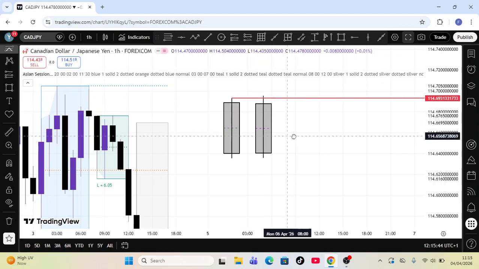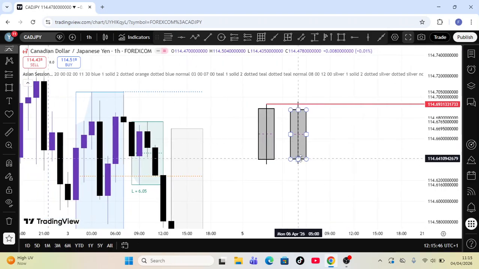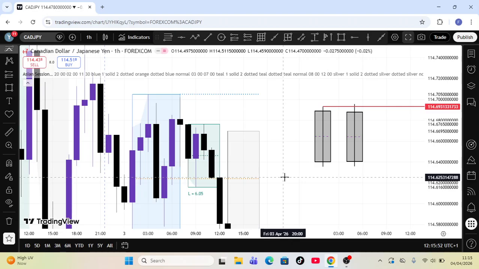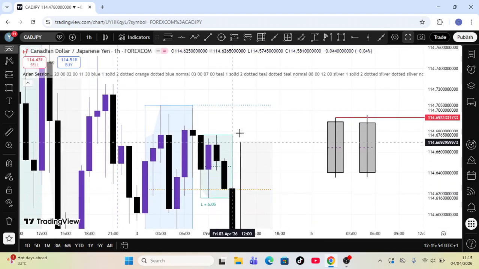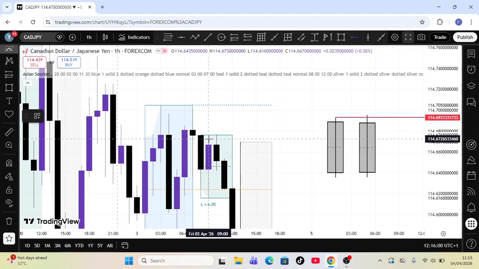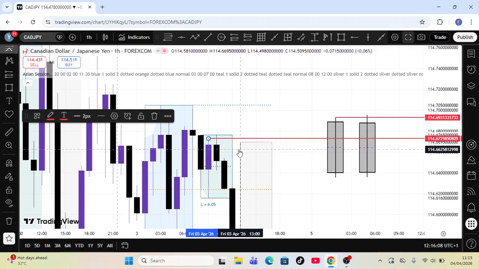So we are looking for the sweep over here because we already analyzed our chart and our market is bearish. So we are only looking for bearish moves. When we say bearish, the market is going down. And you can see London session here. Here was a bullish candle and a bearish candle swept it.